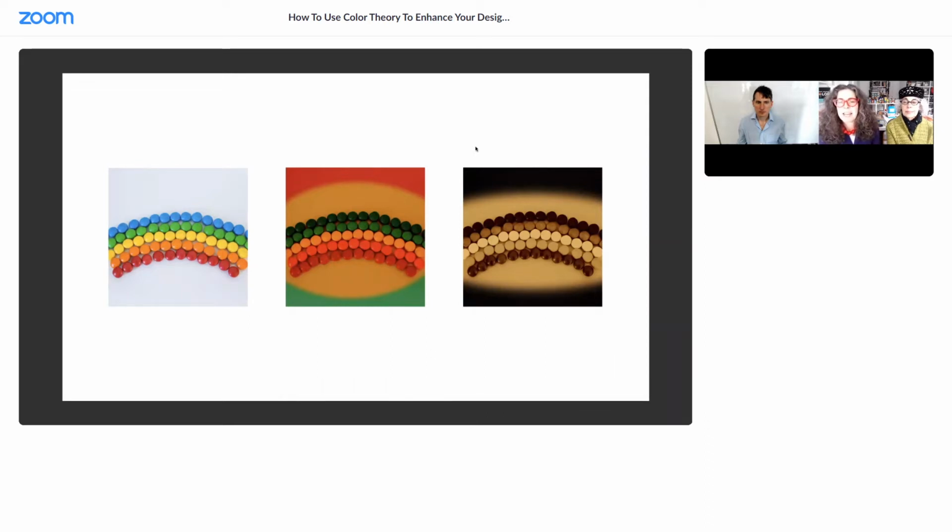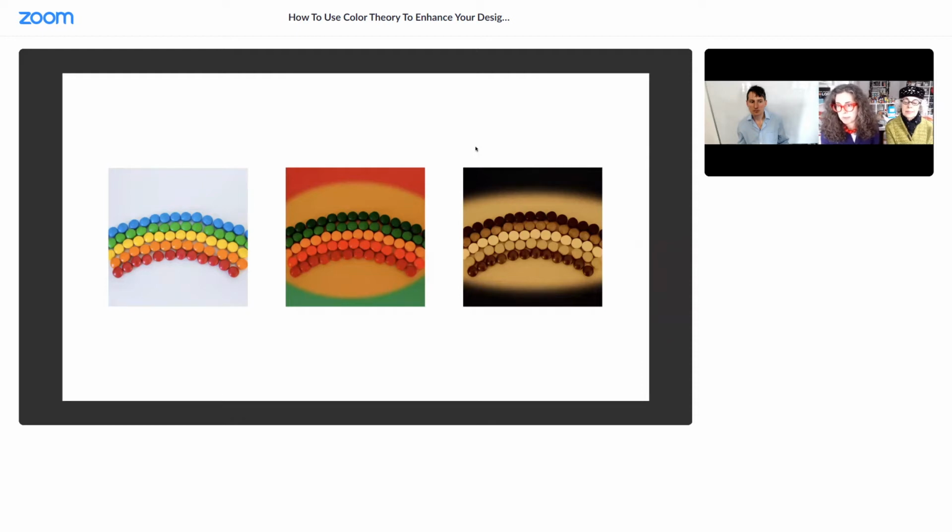We're not going to dial down right now into why red and green light makes yellow light. But for those of you who work on computers or have ever worked in theater, you know this to be the case. So here they are only in red, yellow, and green light, the yellow being the combination of the red and green. And as you can see, we no longer see blue M&Ms.